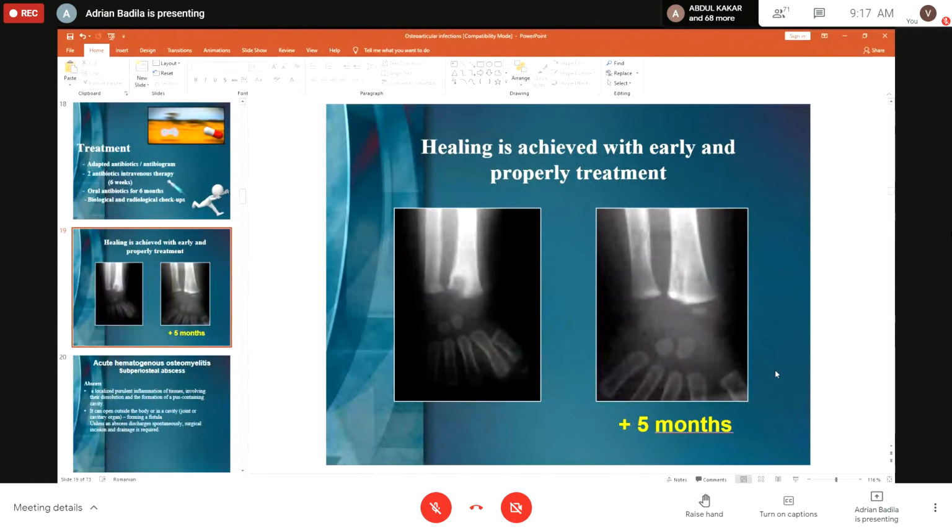The best healing is achieved by early and proper treatment. As you can see in the image, we have an infection, an osteomyelitis at the level of the distal part of the radius in children. You have many growth plates at the level of the hand. And on the right, we have an image after 5 months with the healing of the bone lesion.